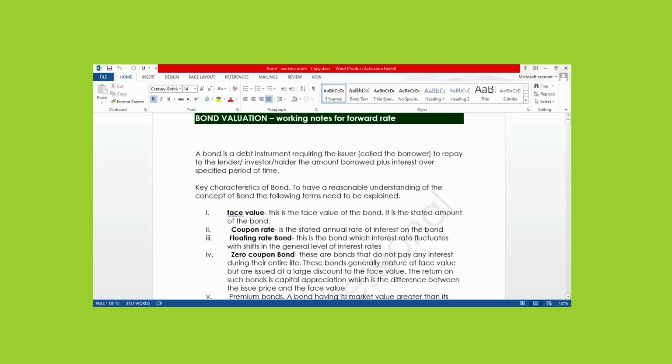Terms and terminologies associated with bond. 1, the face value. The face value of a bond is the amount stated on the face of the bond instrument.